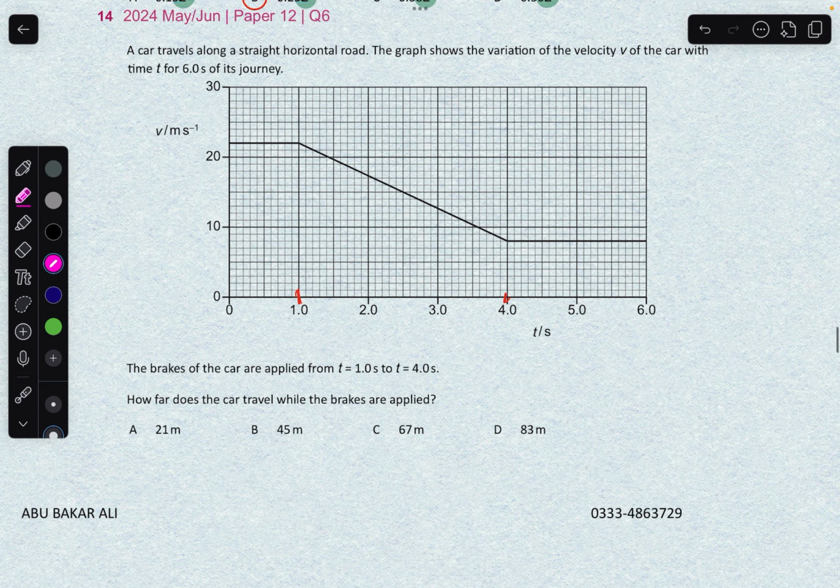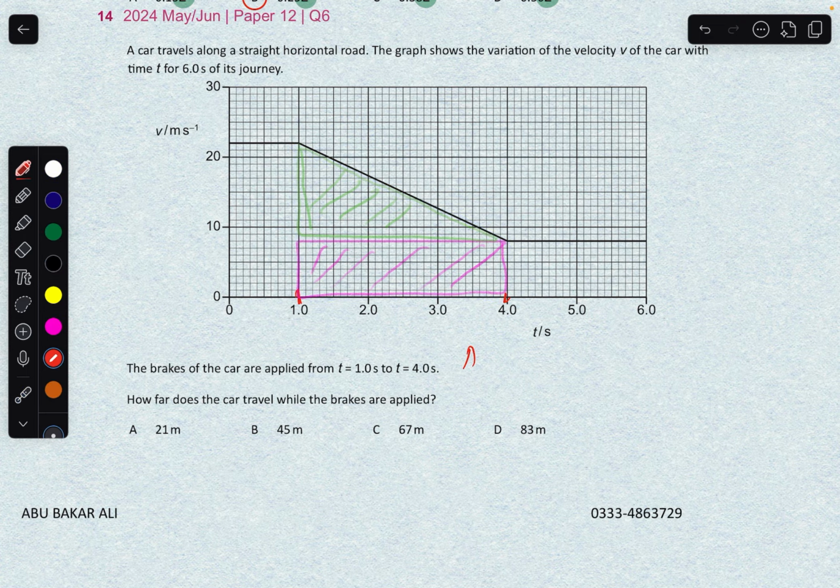So if you see, there are two different shapes that I can make. It is this rectangle, okay, and there is this triangle. So you can find both the areas and you can add them. That will give you the distance travelled. There is another choice that you can do. If you see, this whole thing is a trapezium, so you can apply the formula of trapezium as well.